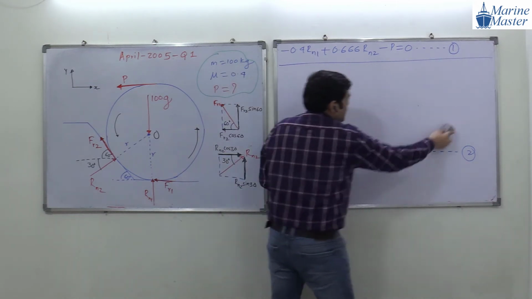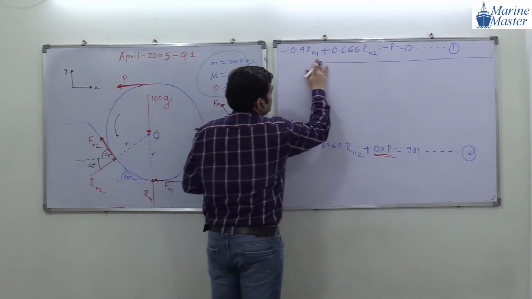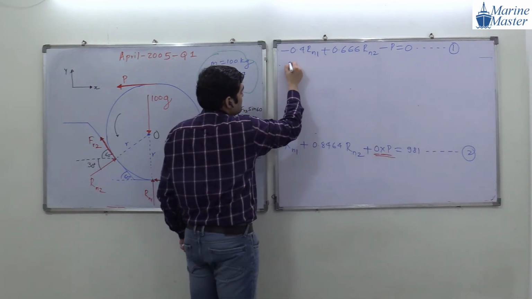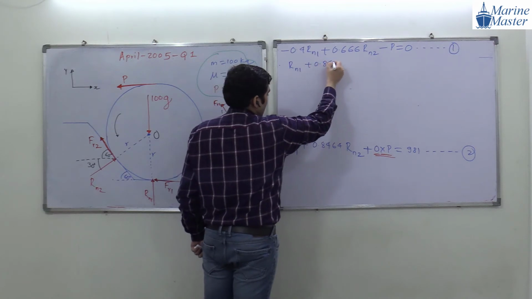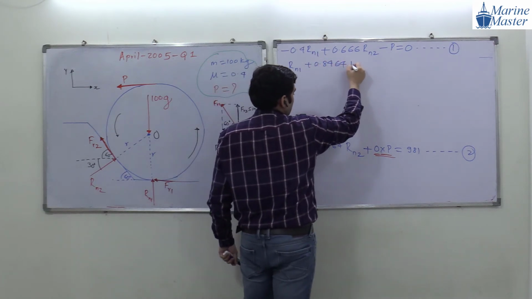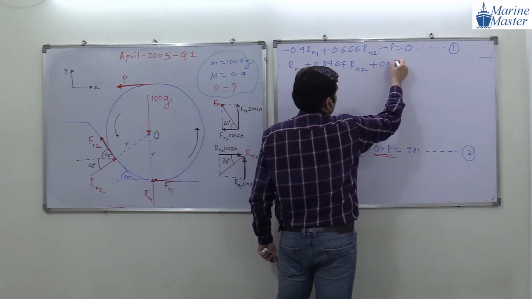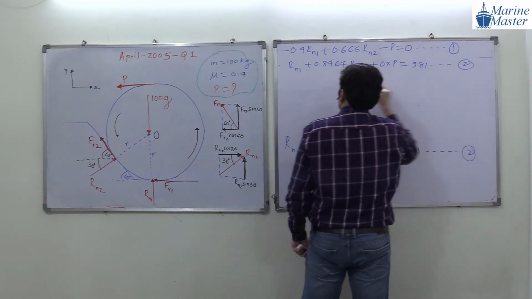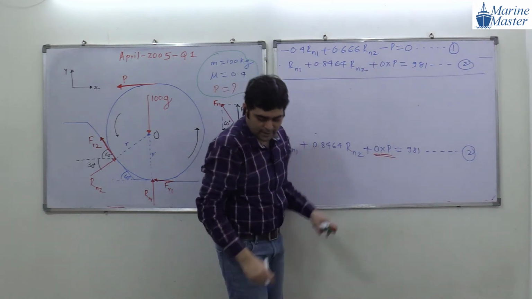For my purpose I am going to write down equation number 2 here: Rn1 plus 0.8464 Rn2 plus 0 times p is equal to 981. We will call it equation number 2. Don't write it here, we have already written it. You don't have to write anything here.